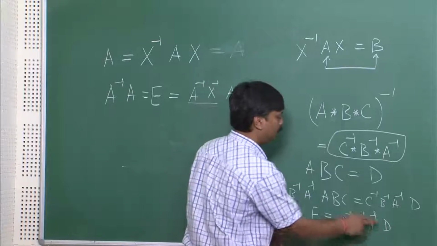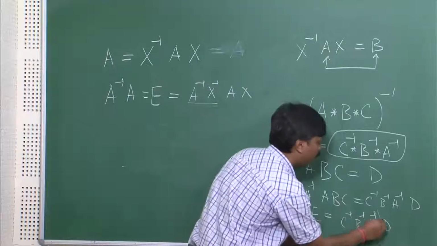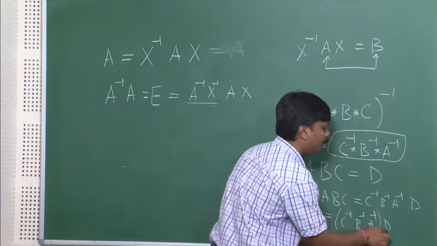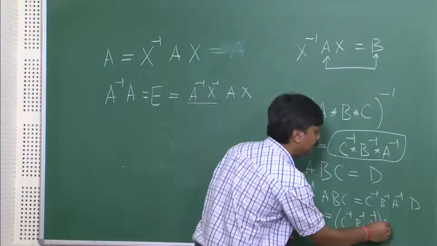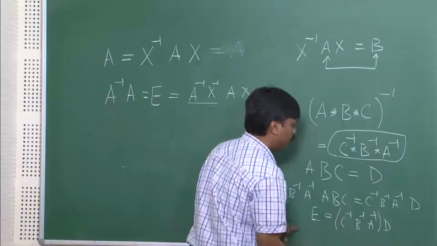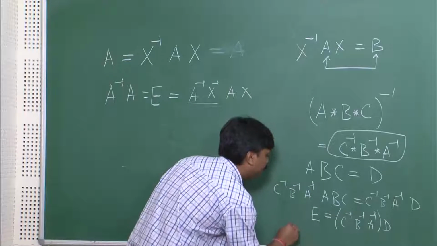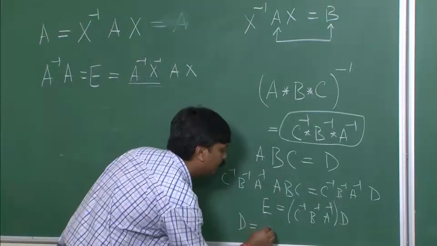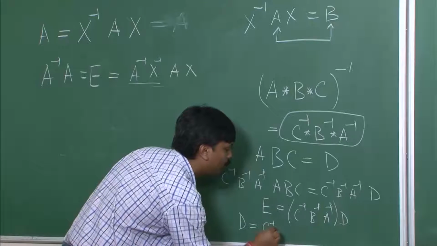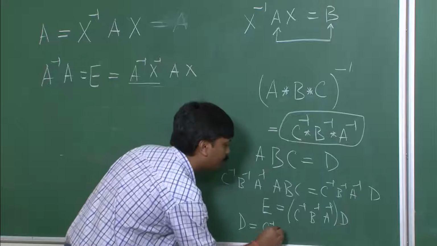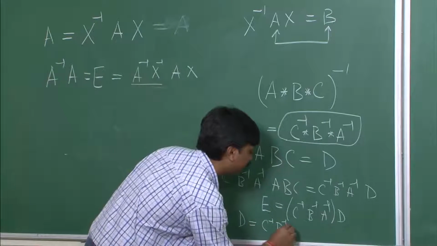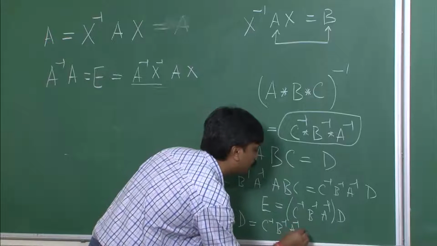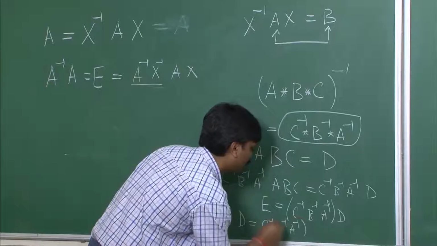Now what does it mean? That this quantity, when it is operating on D, gives me identity. That means D is the inverse of this, correct? So in other words, I can write D is the inverse of this one.